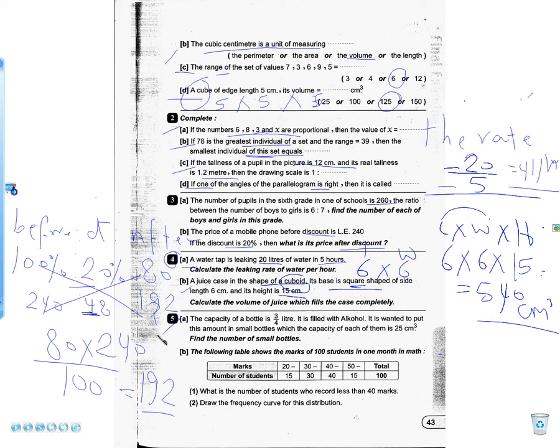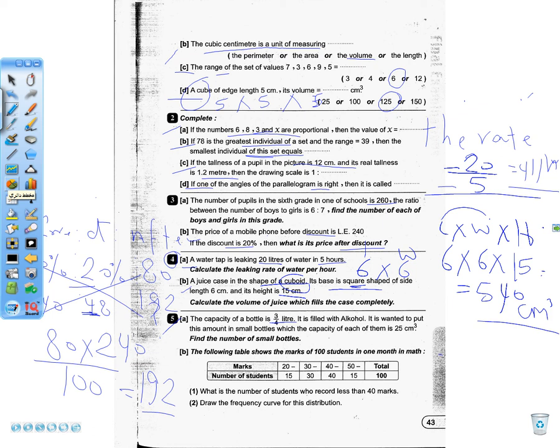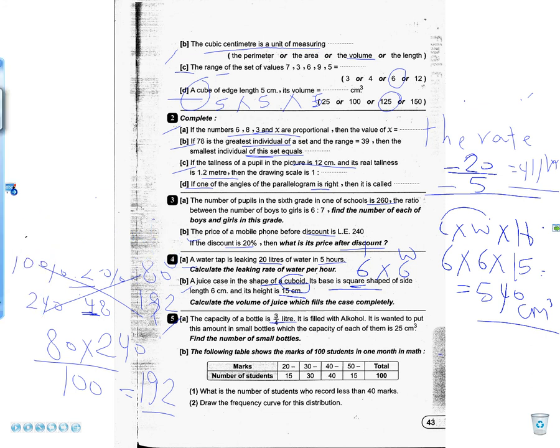The capacity of a bottle is 3/4 liter. It's filled with alcohol, and he wants to put this amount in small bottles.